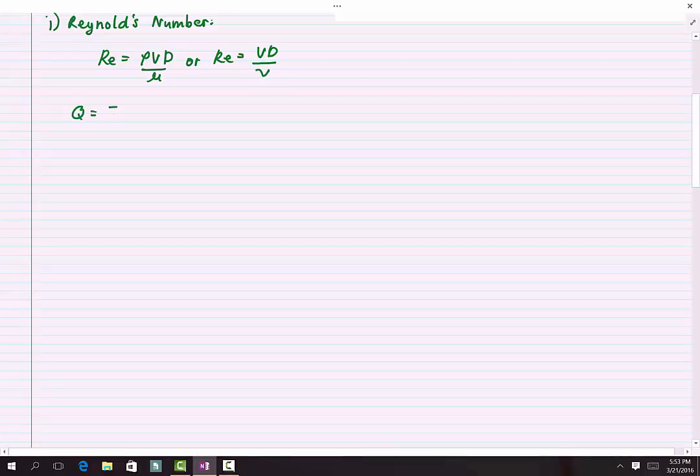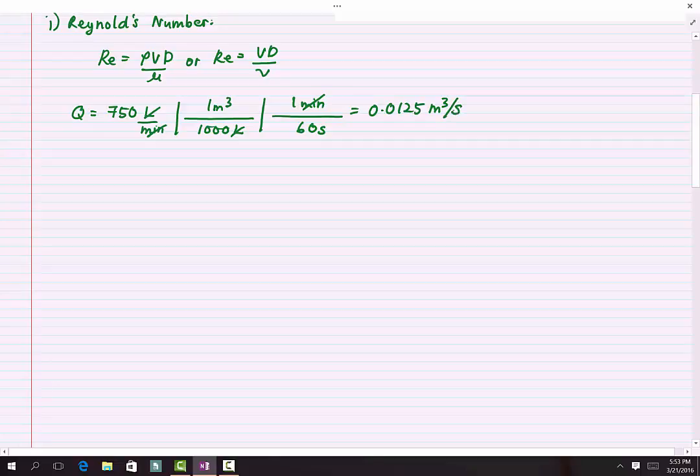So Q is 750 liter per minute, times 1 meter cube per 1000 liter, and 1 minute per 60 seconds. You can cancel out the units, and then you get 0.0125 meter cube per second. So that is your Q in meter cube per second.